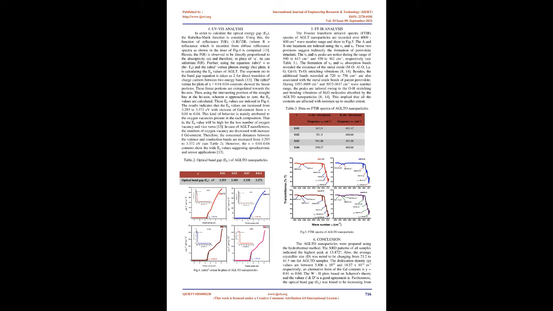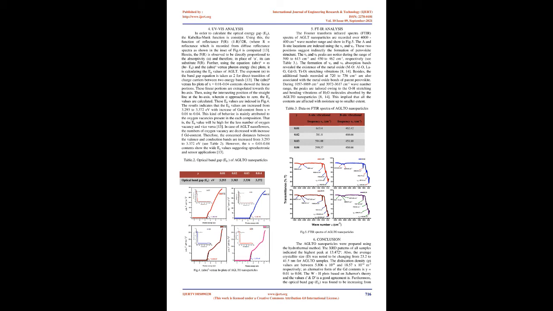UV-vis analysis. In order to calculate the optical energy gap, Eg, the Kubelka-Munk function is considered. Using this, the function of reflectance F(R) equals (1-R)²/2R, where R is the reflectance recorded from diffuse reflectance spectra, as shown in the inset of Fig. 4, is computed 13.